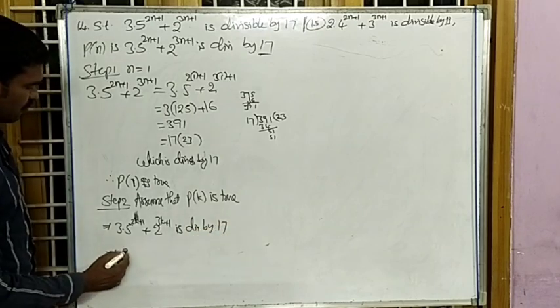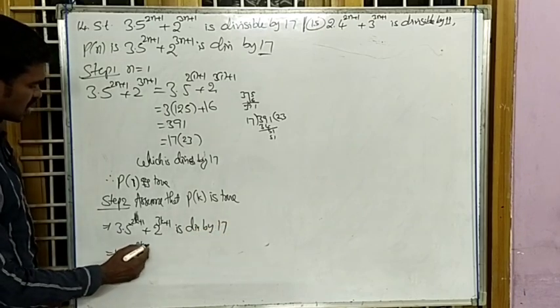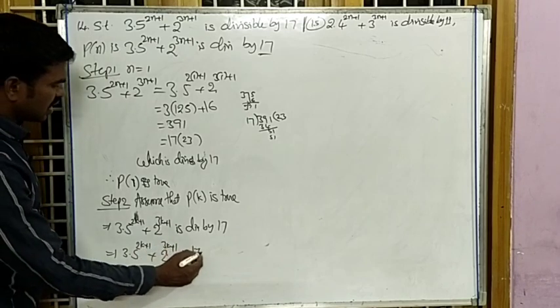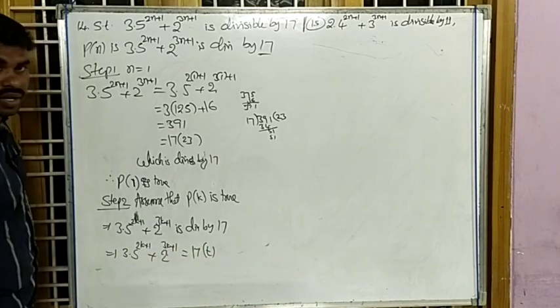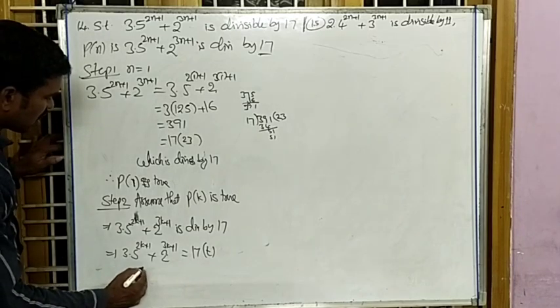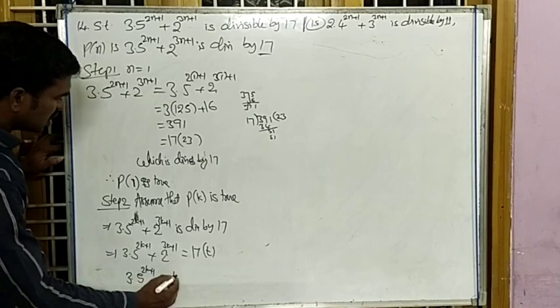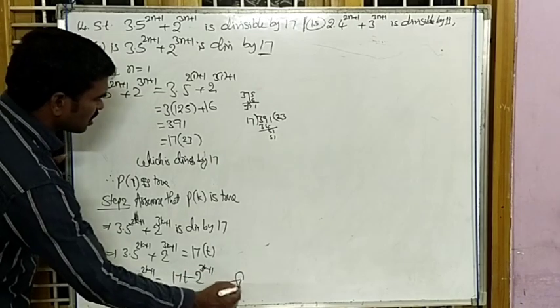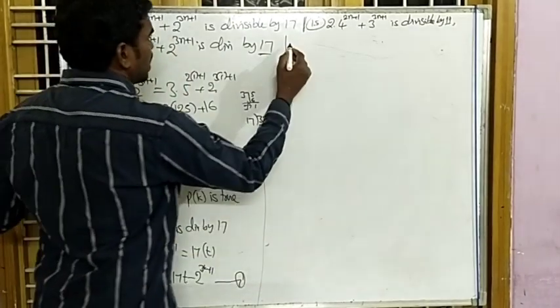That means it is equal to 17 into some t. So from this, 3 into 5 power 2k plus 1 is equal to 17t minus 2 power 3k plus 1. Equation 1.